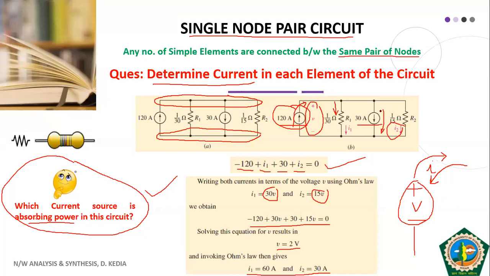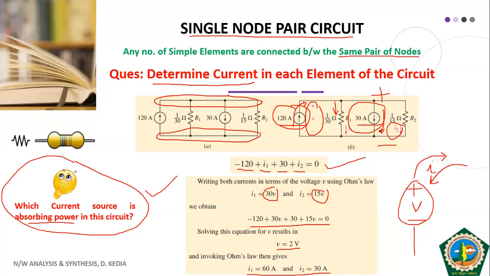Now in the case of the 30 ampere current source, the current is directed downwards, whereas the voltage V across 120 ampere, the same voltage is being applied across 30 ampere also, because they are in parallel. So the direction of the voltage and the direction of the current are reverse of each other.